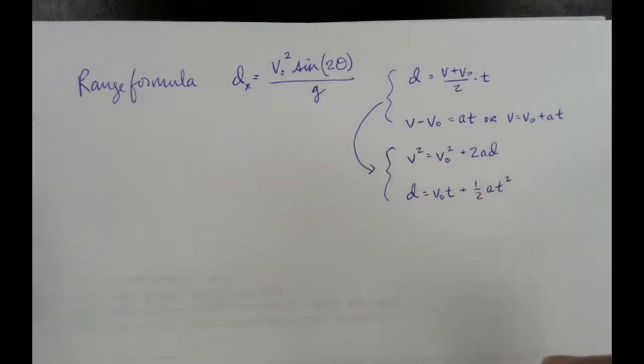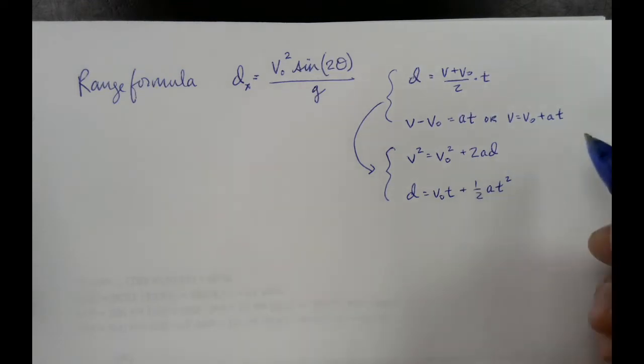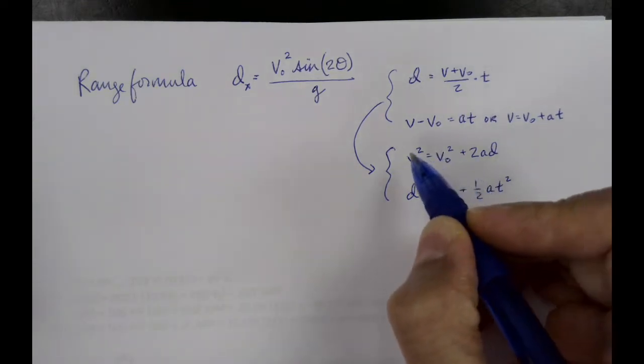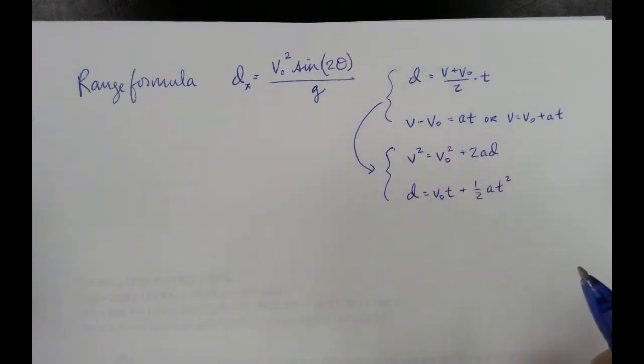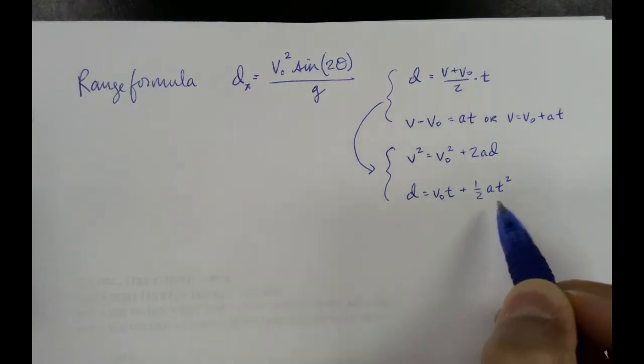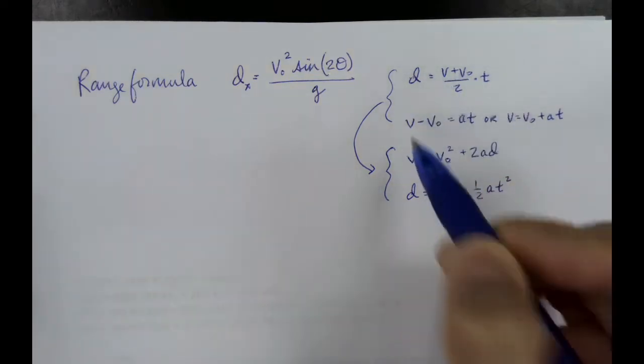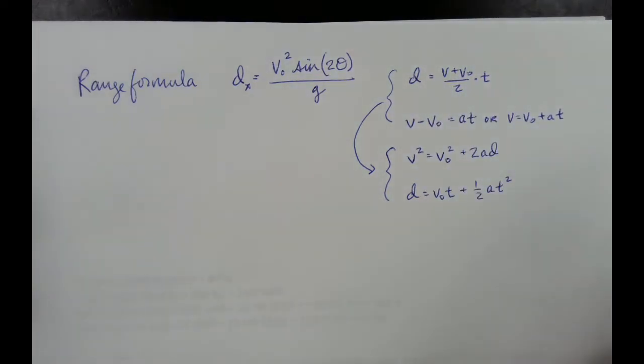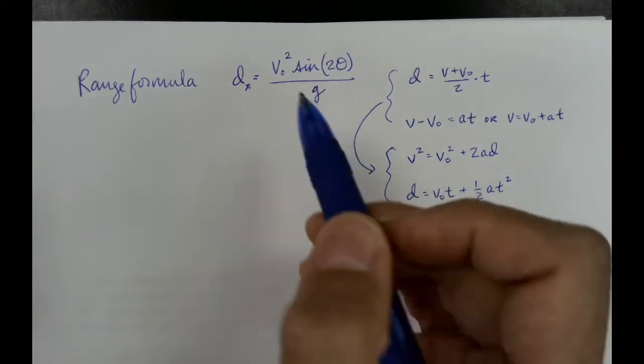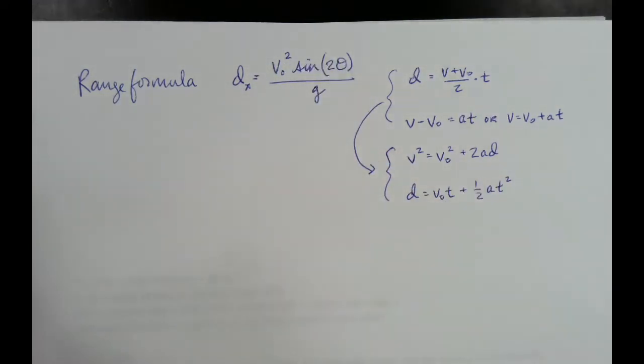These are just simplifications that you can jump to, for example, if you don't have the value of the variable t, or if you don't know the final velocity. But otherwise, these two are all you need to know to find everything else. Okay, enough of that. So where does this come from?